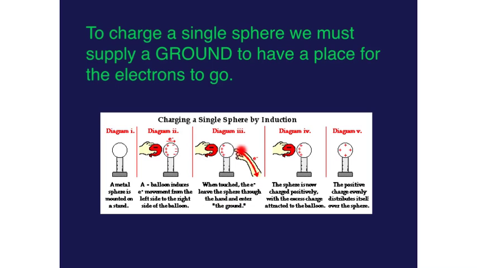And our finger can be a ground. So if we touch this side of the sphere with our finger, we're going to provide a place for the electrons to run away from that sphere. And when they do that, the sphere is going to be positively charged. And since it's a conductor, that positive charge is going to get evenly distributed. So with the use of a ground, and the ground here is our finger, we have a place to pull the electrons away, and we can end up charging just one sphere.